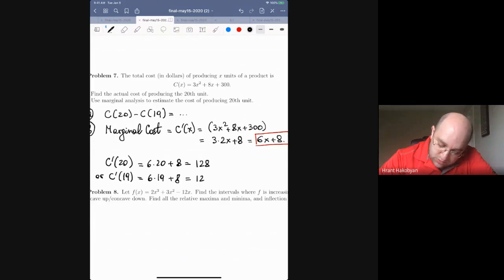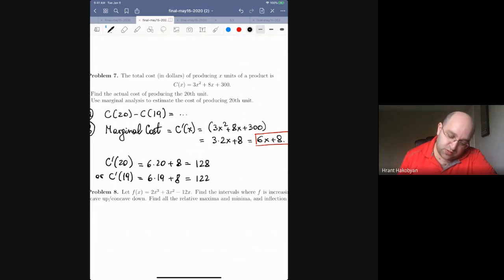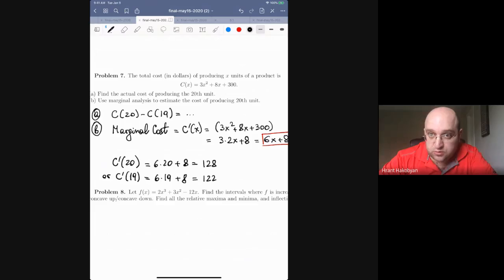So both of those give you an approximation to the marginal cost of producing the 20th unit. And if you do the calculation in part A, I believe you're going to get 125, but you can just plug the numbers and find them out using a calculator, and I've done that. I think it's 125.